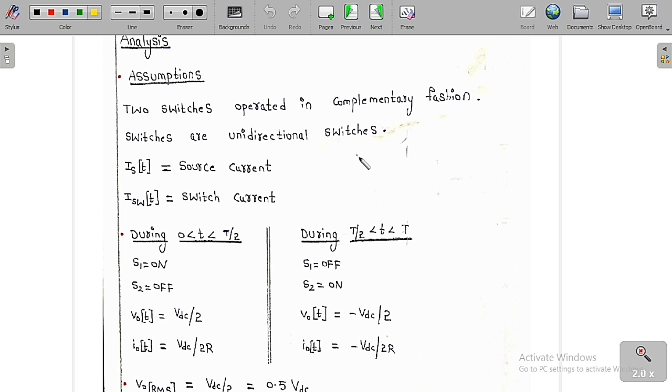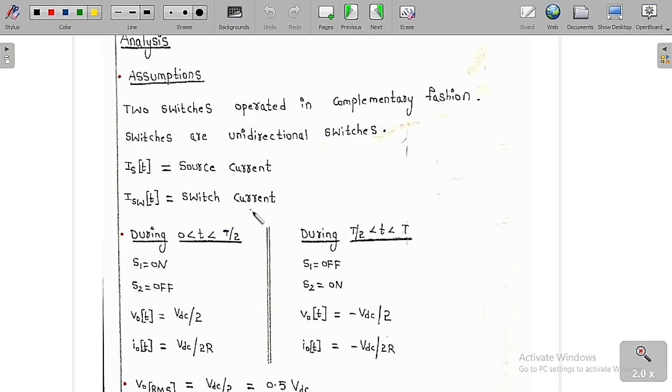IS of t is called the source current and ISW of t is called the switch current.